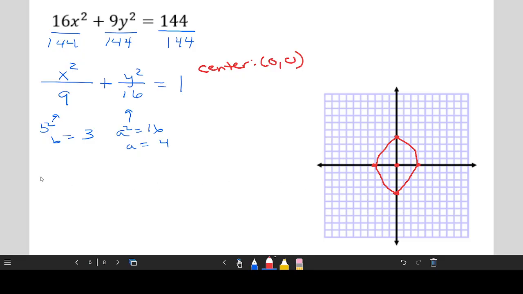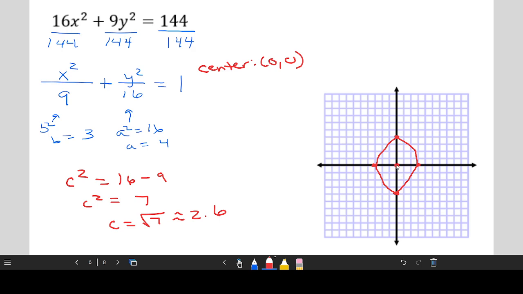And then c squared is a squared minus b squared. So c squared is 7, and c then is the square root of 7. For graphing purposes, it's helpful to know that's about 2.6. So each focus is going to be 2.6 units from the center on the longer axis, which is vertical this time.